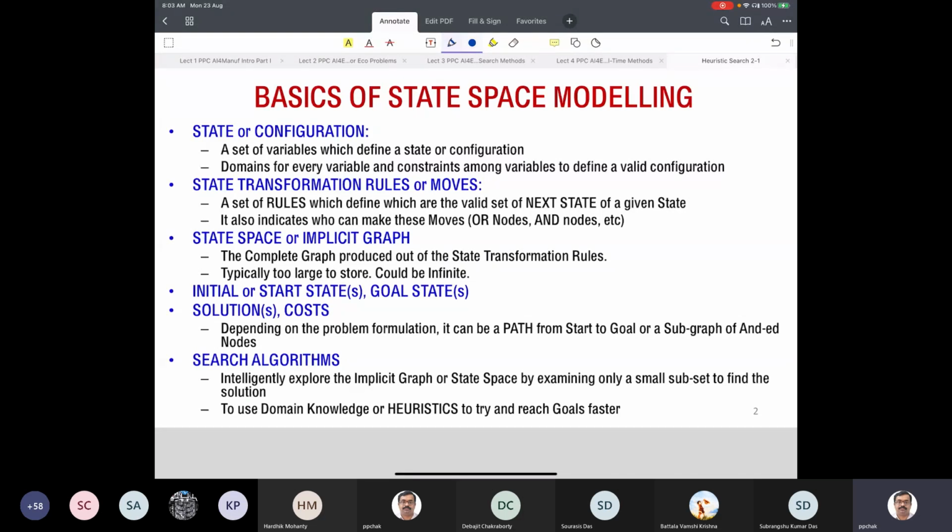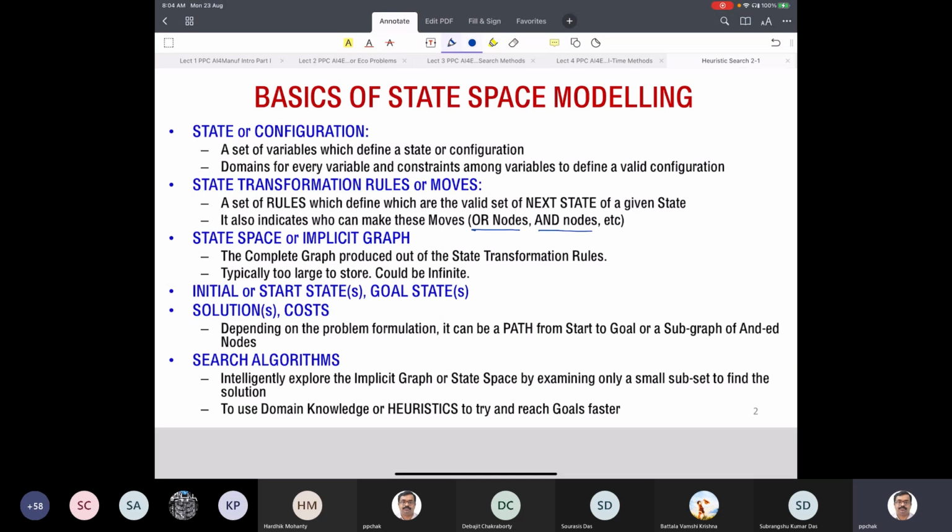There is an initial or start state and a set of goal states. As we have defined, these state transformation rules can produce OR nodes and AND nodes. Currently, we will study only OR nodes. If it is only OR nodes, then the solution from start to goal is a path in the implicit graph.